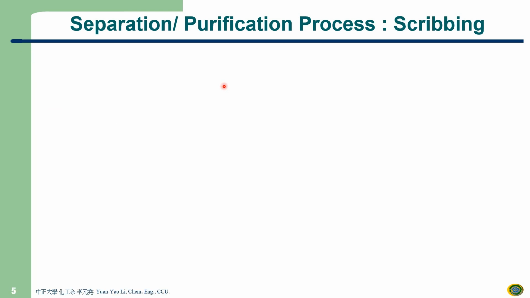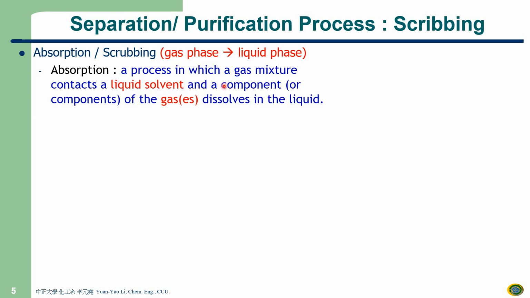Right. The second term I want to introduce is called scrubbing. What is scrubbing? Scrubbing is a kind of absorption process. Absorption is a process in which a gas mixture contacts a liquid solvent and a component or components of the gases dissolve in the liquid.